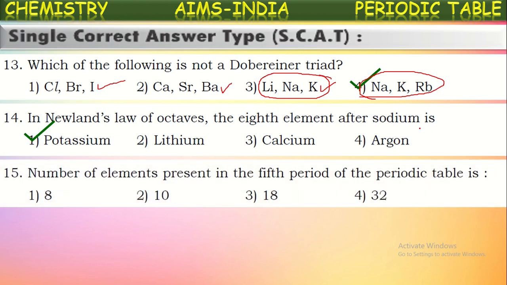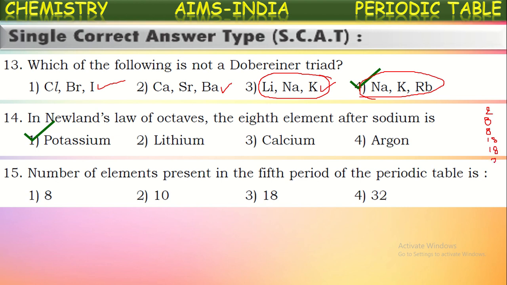Number of elements present in the fifth period of the periodic table is. We know the first period contains only two elements. Second and third periods contain eight elements each. Then fourth and fifth periods have 18 elements each.